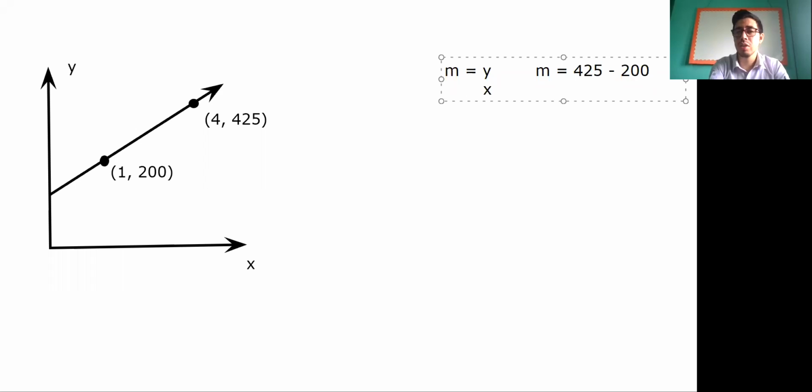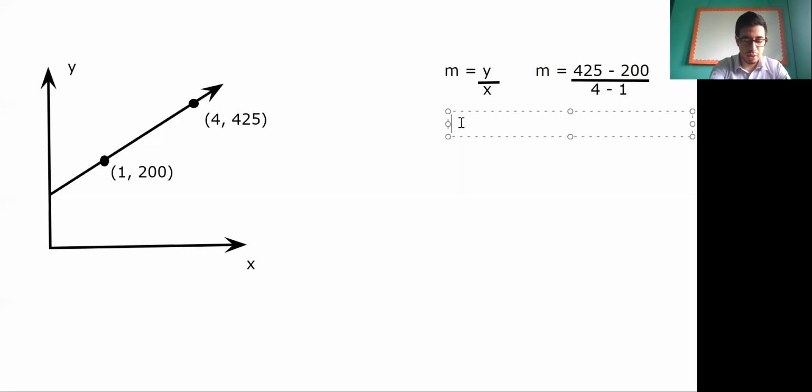This is over the values of X, which is 4 hours minus 1 hour. I'm going to write this like a fraction so you can see it better. You only need to subtract for Y and subtract for X, so we can find the value for the slope.